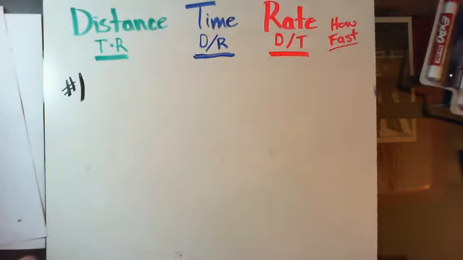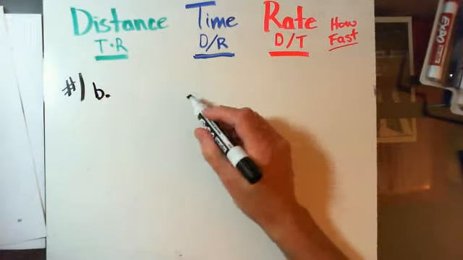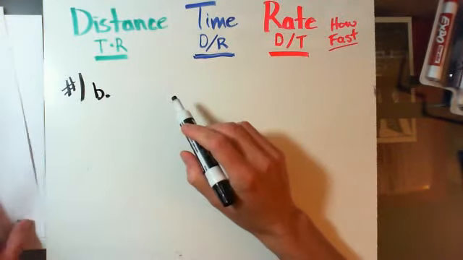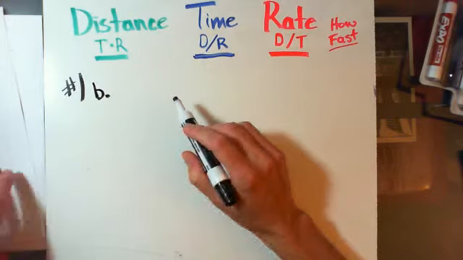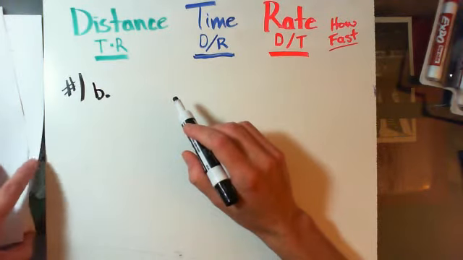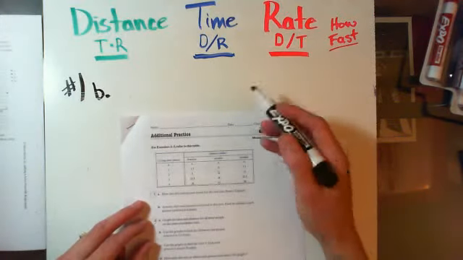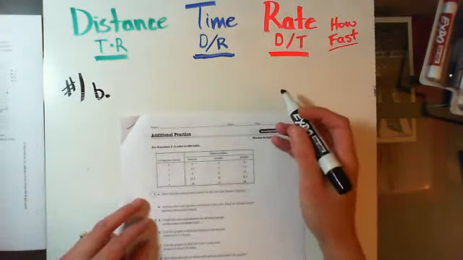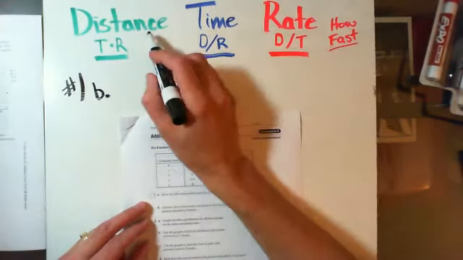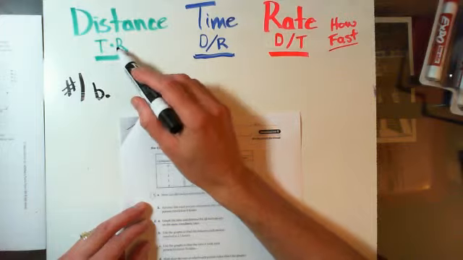Okay, for 1B, the question asks, assume that each person continues at this rate. Find the distance each person traveled in 6 hours. Now, to find out how far someone traveled, far is distance, you can use this equation, the time times the rate.